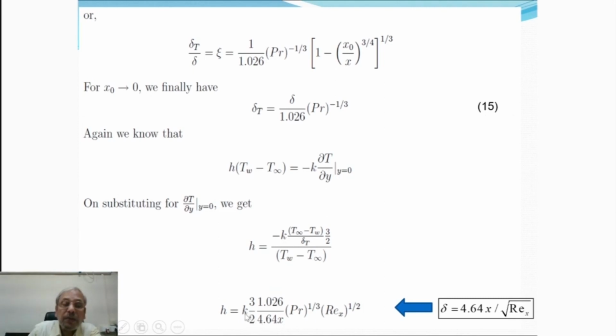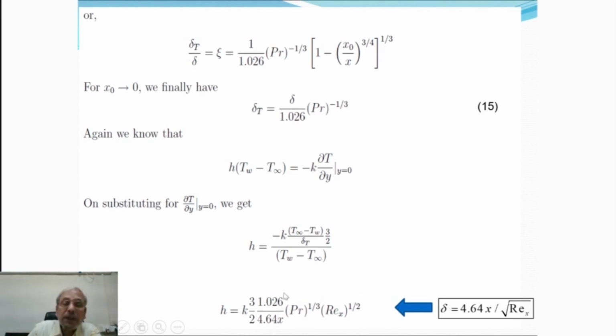And we get h equal to k 3 by 2, Tw minus T infinity gets cancelled out, and 1 by delta T, and delta T is given by delta divided by 1.026 Prandtl number to the power 1/3.